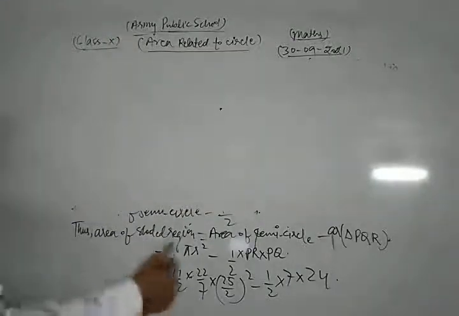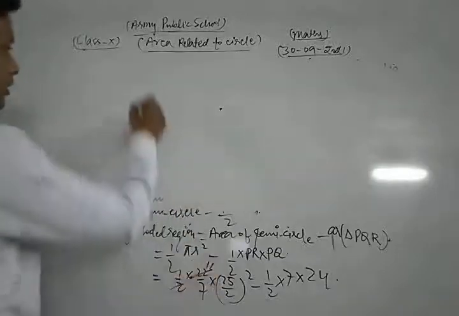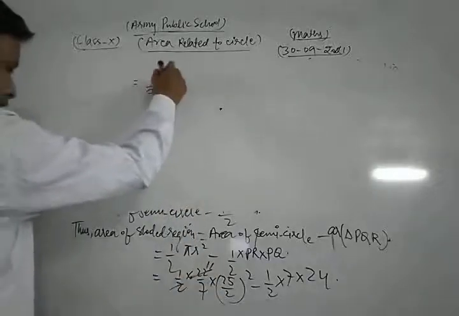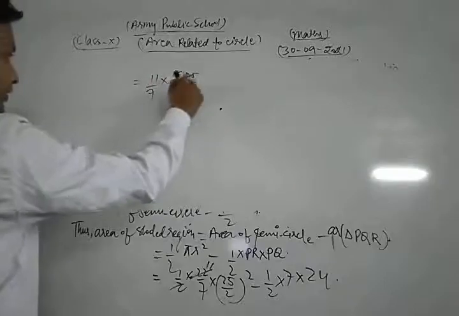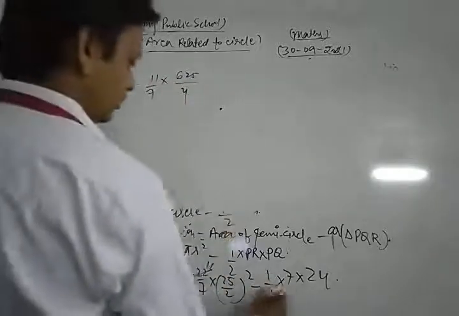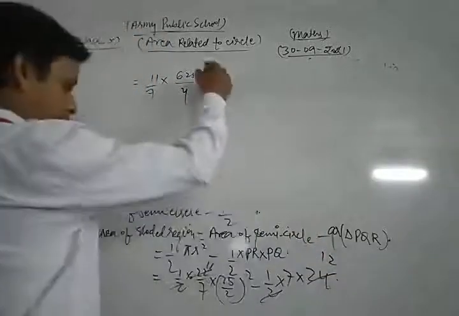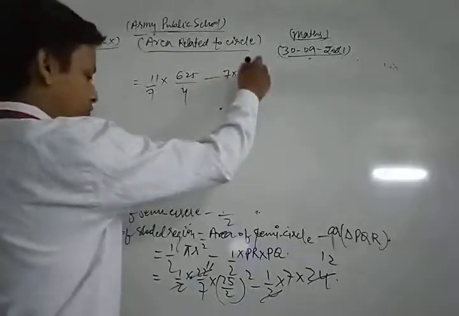This is 11 upon 7 into 625 by 4, minus 7 into 12.